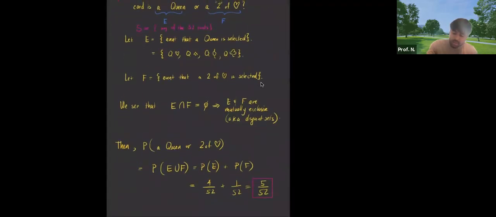Okay, now I'm going to use the same example. We have a standard 52 card deck.